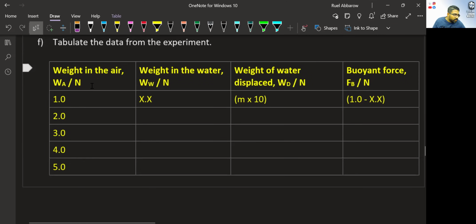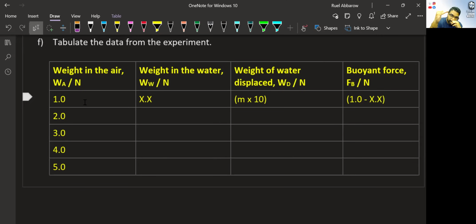Secondly, when we are using a spring balance, notice what is the smallest reading on the scale. The smallest reading of the scale will be 0.1 Newton, isn't it? When you're using the instrument, always check the scale. The smallest reading is 0.1, which means all our readings must be to 1 decimal place. Must.